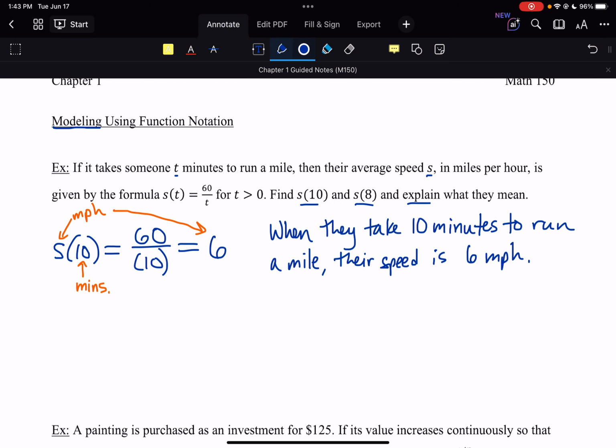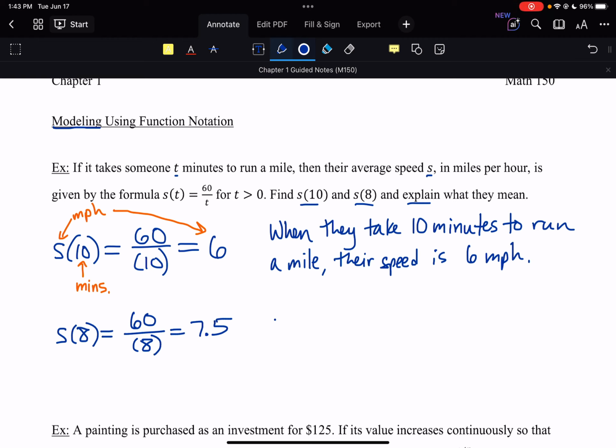So we do the same thing for s of 8. So we get 60 over 8, which works out to 7.5. And it's a very similar interpretation. So we input 8 minutes, we output 7.5 miles per hour.